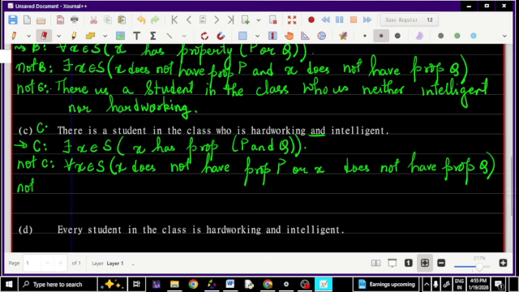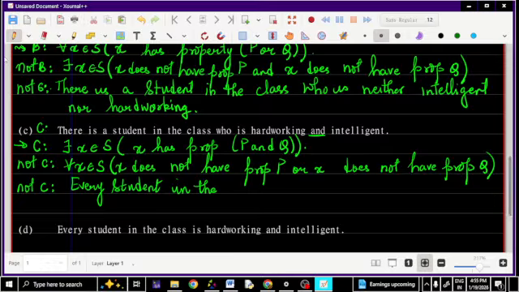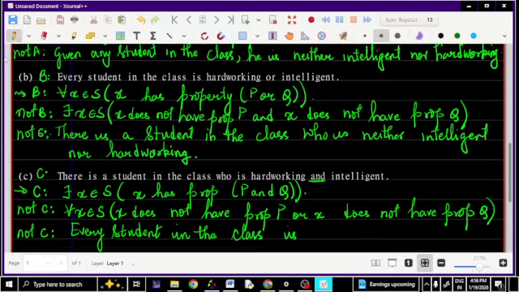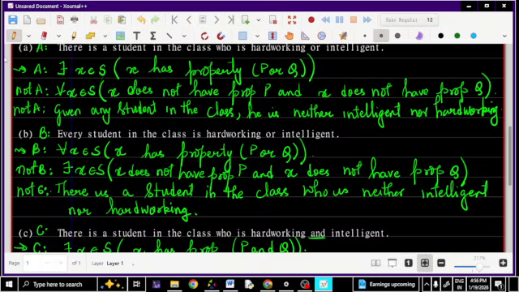You need not say "given" every time. Not C. Every student in the class, how will I frame this? One second.